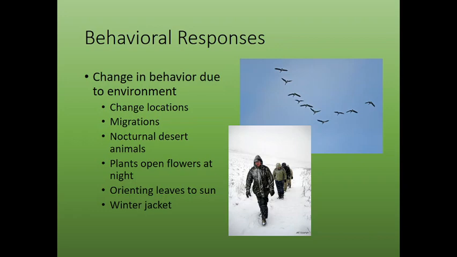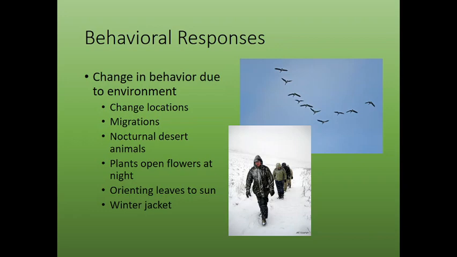For a maybe more natural example, take nocturnal desert animals. The deserts are full of animals. You just don't see them during the day because it's too hot. They all come out at night, and the desert plants will even open their flowers at night because they know that's when all the animals are going to be out.